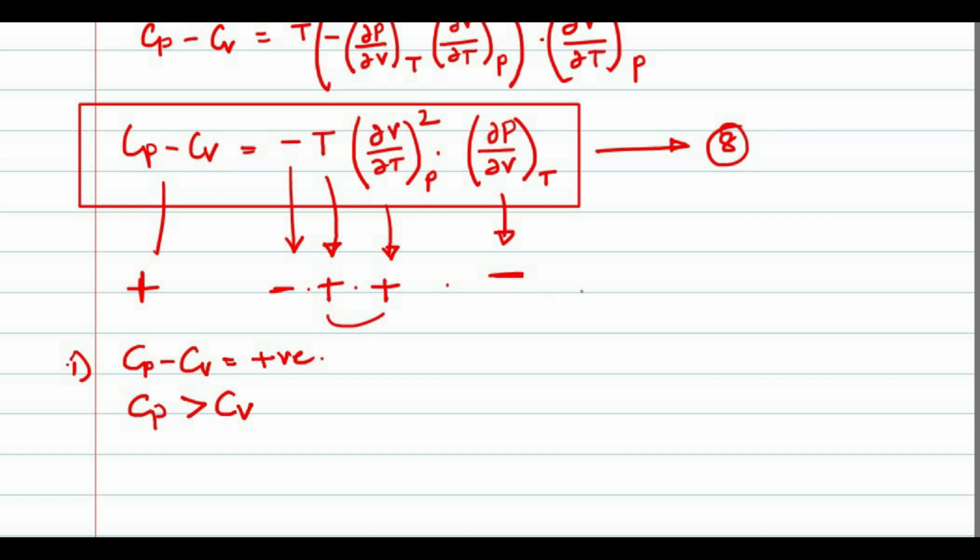And the second inference is, as T tends to 0, the right hand side will be totally 0. So Cp minus Cv will be 0, or I can say Cp is equal to Cv.